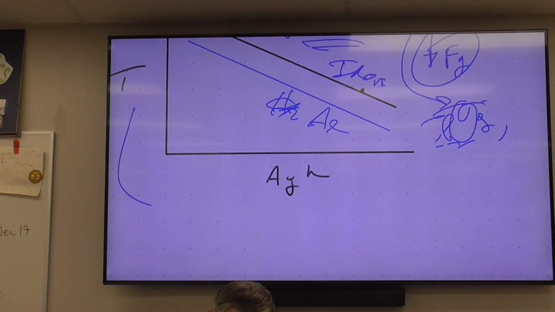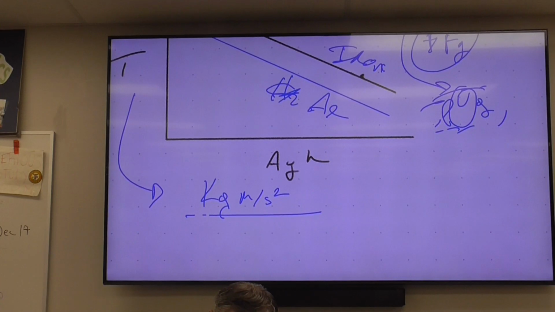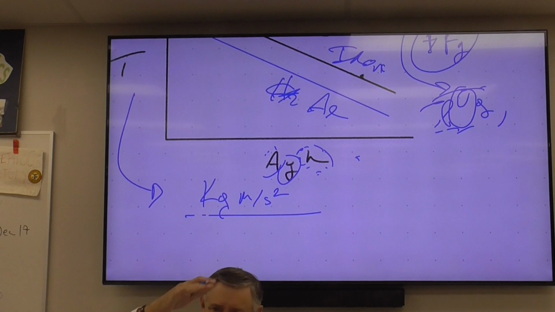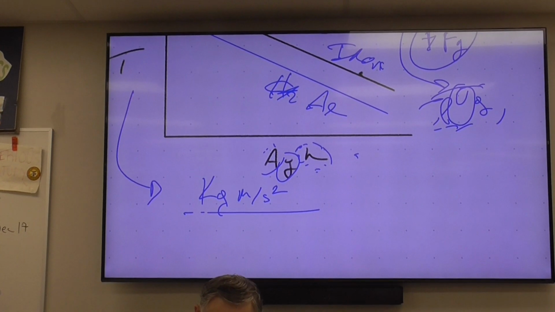When you look at this in terms of units, you've got tension, which is newtons, which is kilograms meters per second squared. Then you've got area, which is a fixed value for that particular block. g is a fixed value. The only variable here is the depth below the water line. So you're only going to have two data points. You really can't draw a line of best fit; you're just going to draw a line that connects the two points.